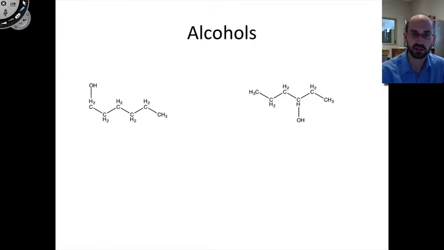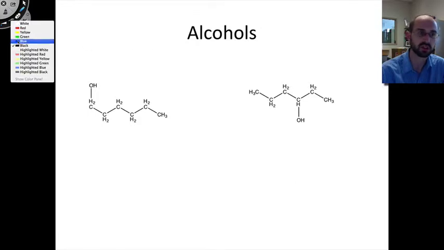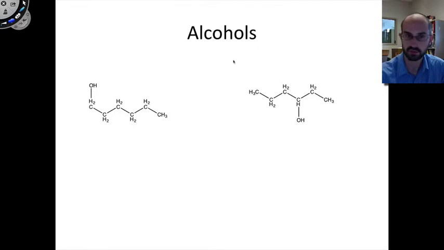Next, we have a couple of alcohols here. So you may recall the suffix for alcohol is -ol. If there were no alcohol in this molecule, 6 carbons, so this would be hexanol.